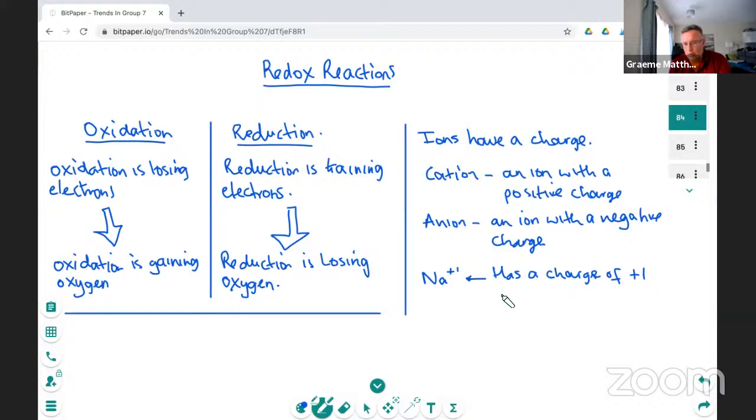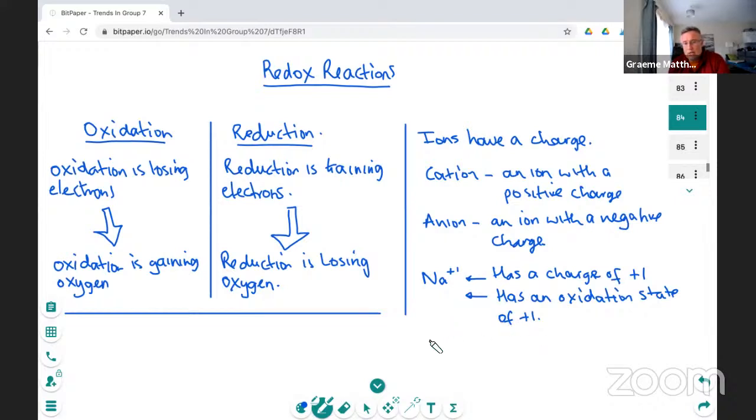At A level, you would say sodium ion has an oxidation state of +1. Yeah. So in your mind, think you can take charge and just replace it with oxidation state. It's a more fancy way of saying charge.